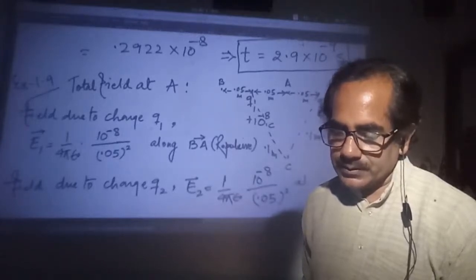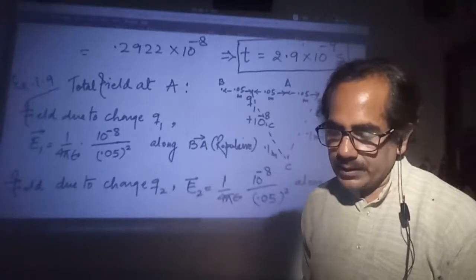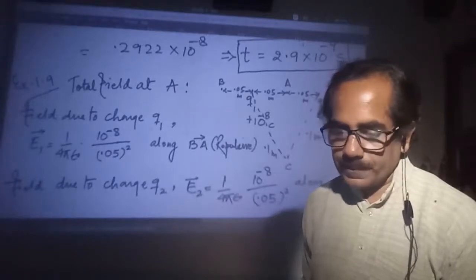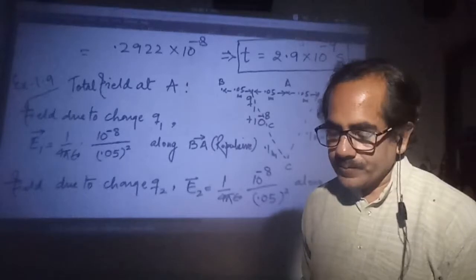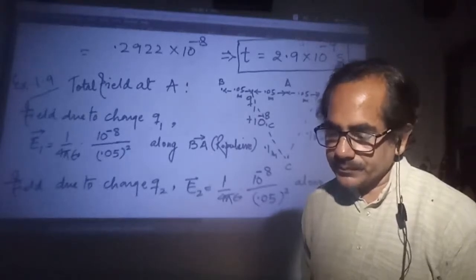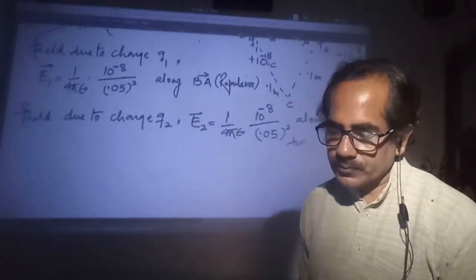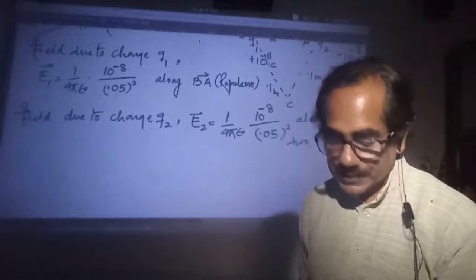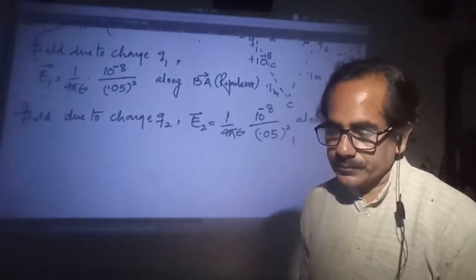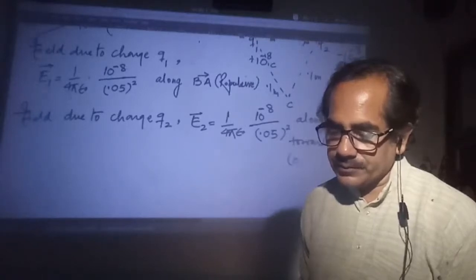This is along BA, that is towards Q2. This is an attractive force.